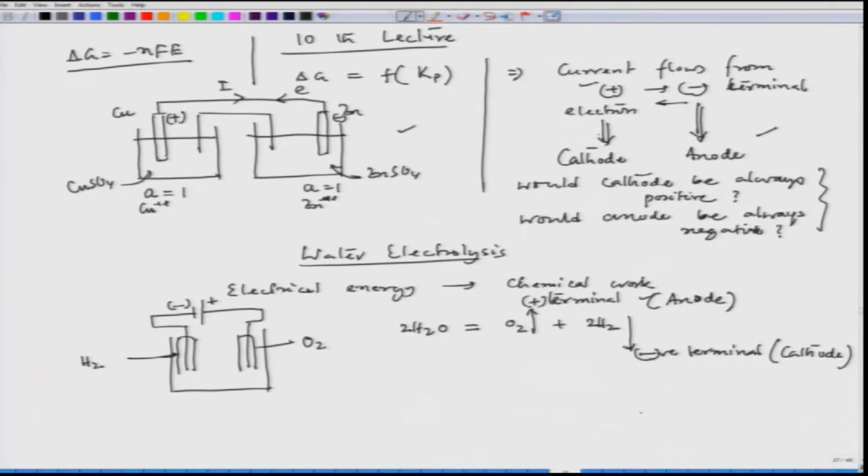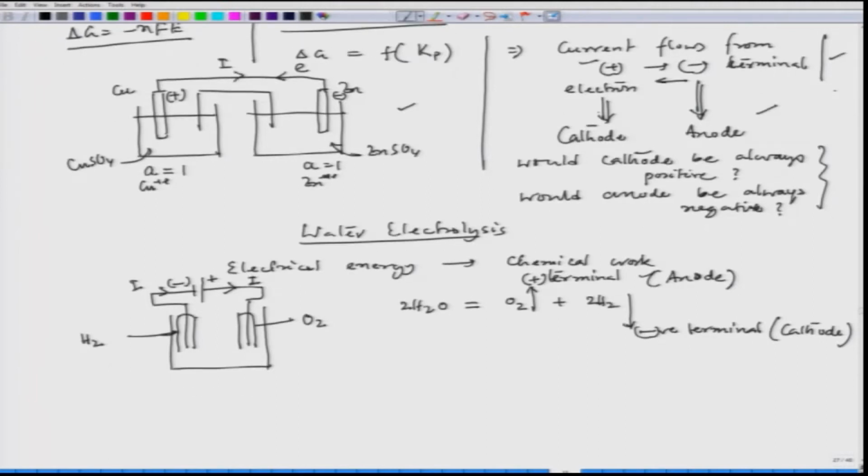Why? Because as per this convention, current flows from positive to negative terminal. So, here current flows this way. So, the current is flowing from positive to negative terminal, and the convention is met.